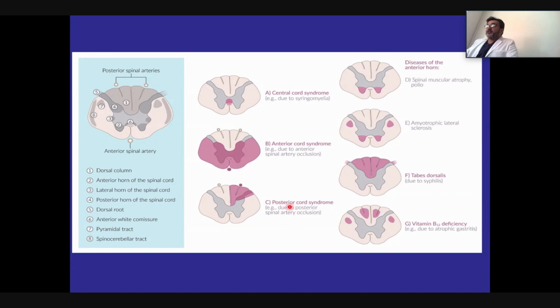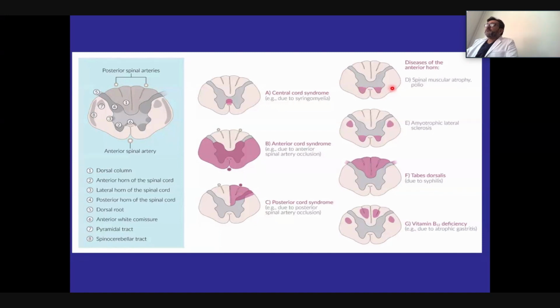The posterior cord syndrome happens because of the occlusion of the posterior spinal artery. It may come up with unilateral loss of two-point touch discrimination and vibration below the level of the lesion. So this is posterior cord syndrome. Then diseases of the anterior horn: you might have a baby just born which is floppy, with no tendon reflexes.